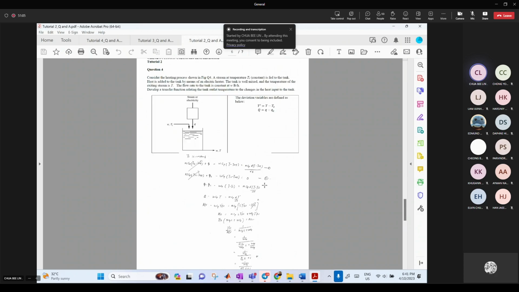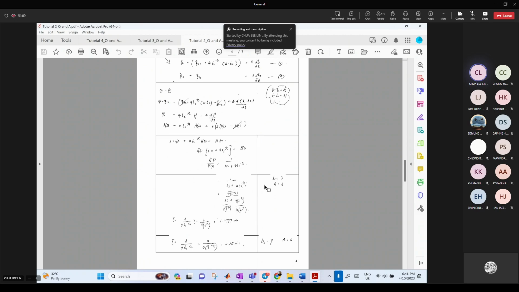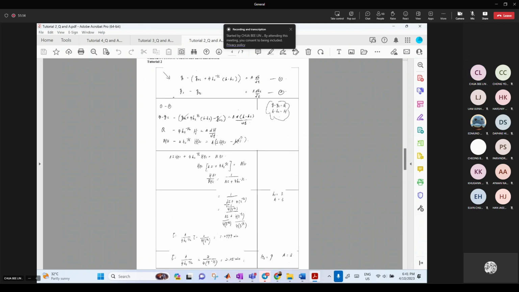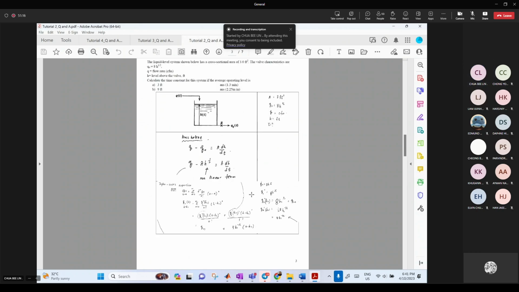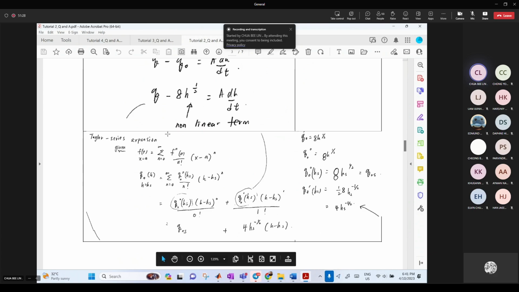So this one is tutorial 2, which I do not include in your test 1 as well. You don't need to have this in your revision, but I will include this as one of the scope for your final exam. You will need this during your final exam. So you can put a star there. This one is for FE, final exam, not for test 1.